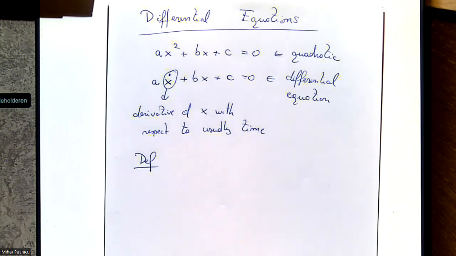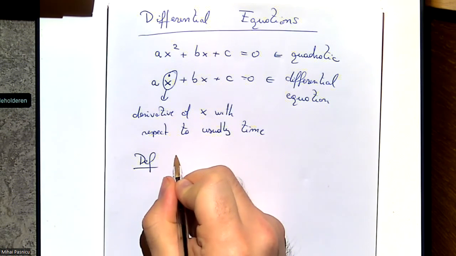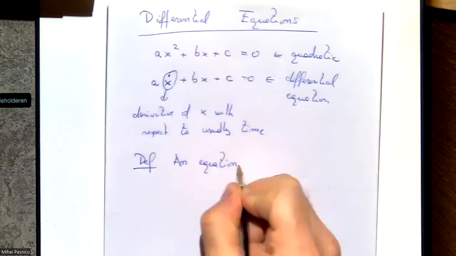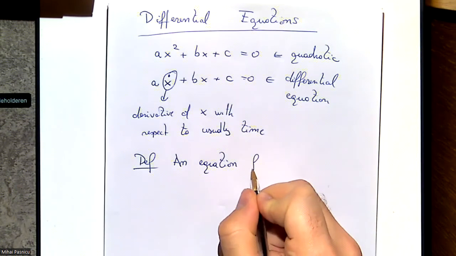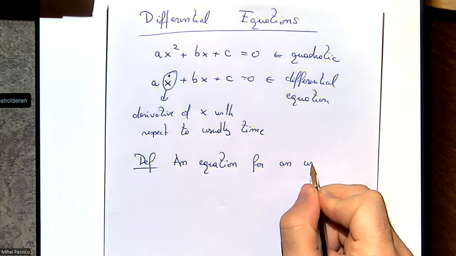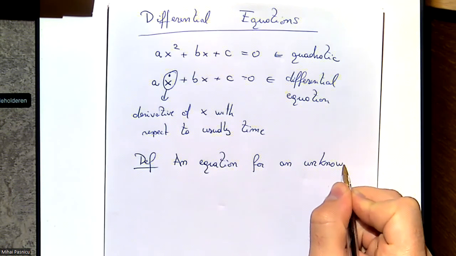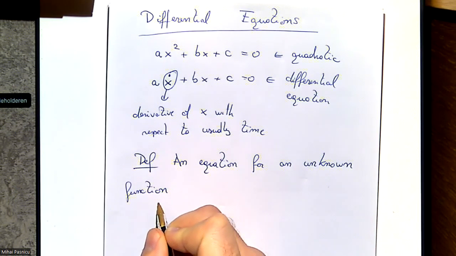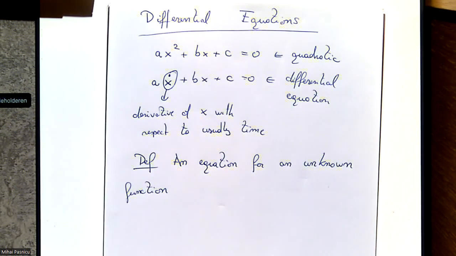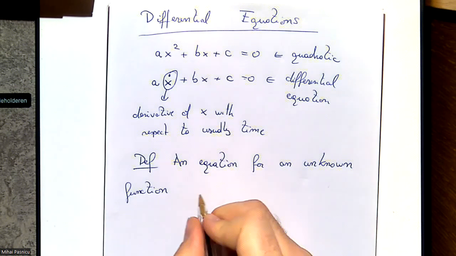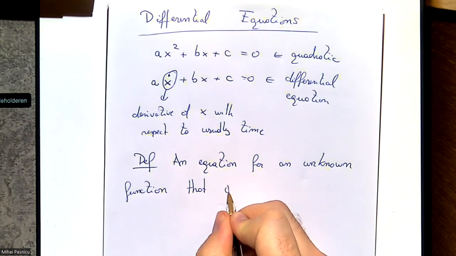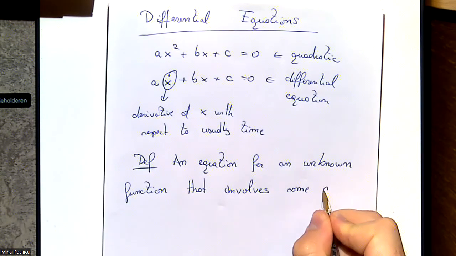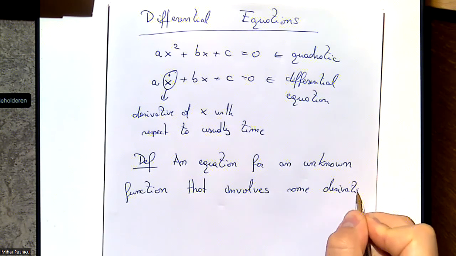But here it is: an equation for an unknown function that involves some derivative of that function.